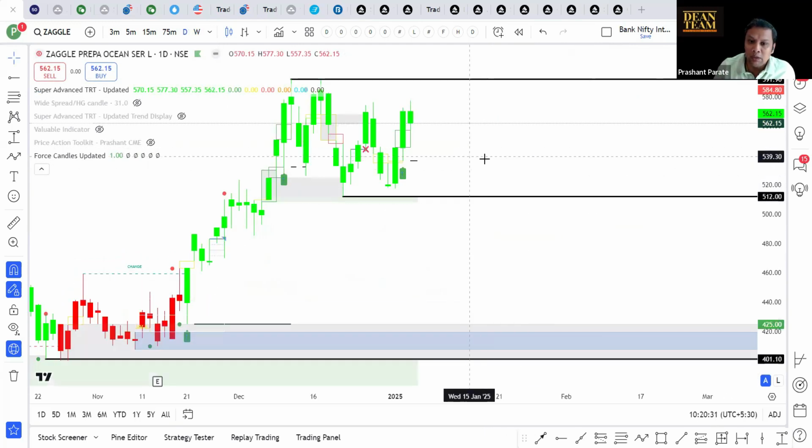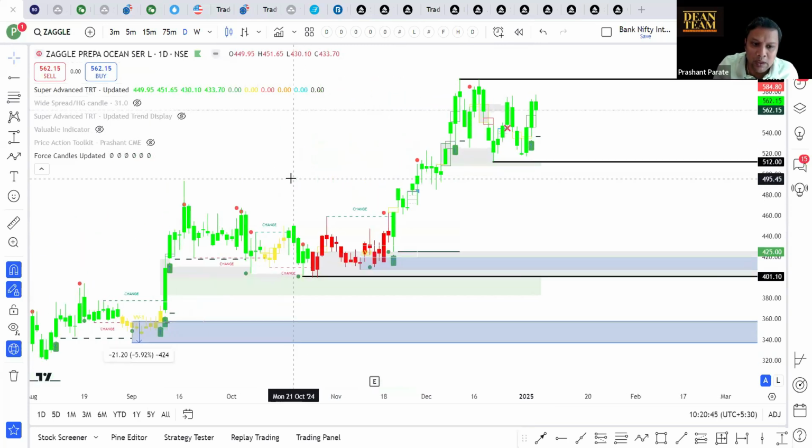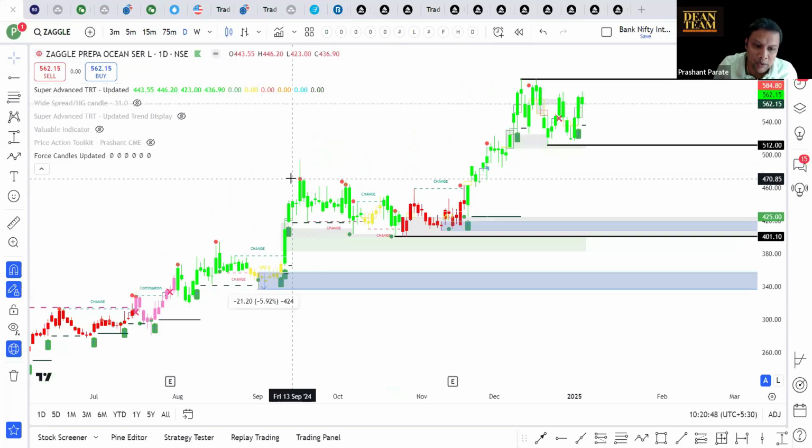If a daily close happens with a strong selling force candle, after that you may look to exit. A selling force candle which is breaking below a buying force candle will be an indication to exit at partial profits.